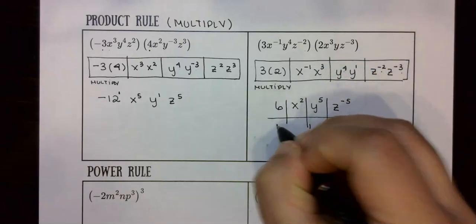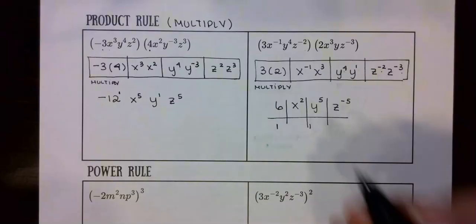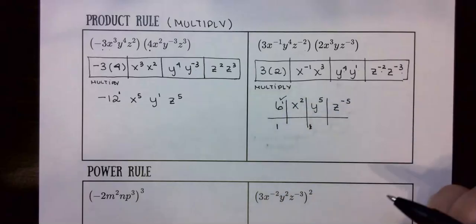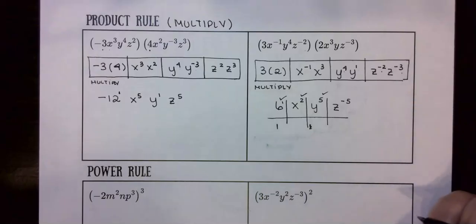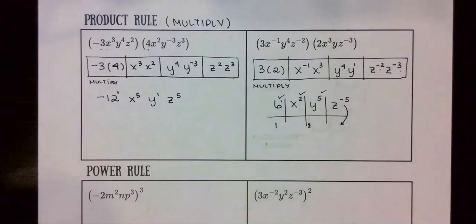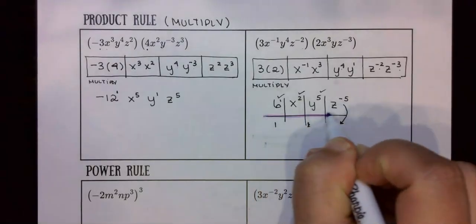So I'm going to put the 1 over here actually. And so from here, this is fine because it has an understood 1. This one's fine because it's a positive 2. This one's fine because it's a positive 5. This one is not fine, so we're going to move it down because it's a negative. And if we move it across that division line, it is going to change the sign.